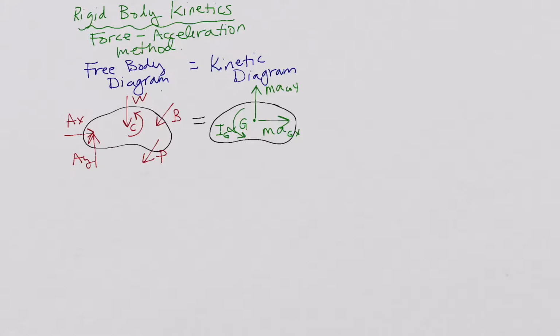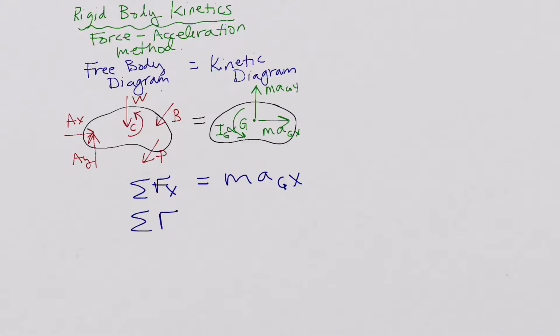So with this, we can pretty easily say, okay, we've got the sum of the forces in the x direction equals m a_G x. If in this case there wasn't an acceleration in the x direction, then that would just be 0.